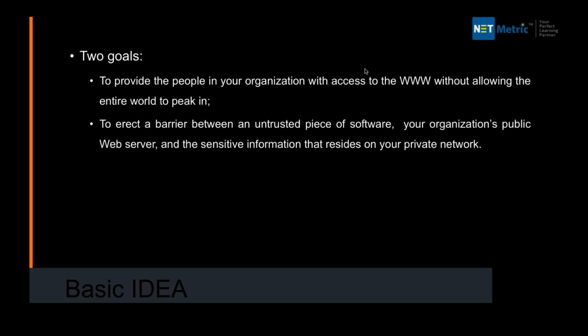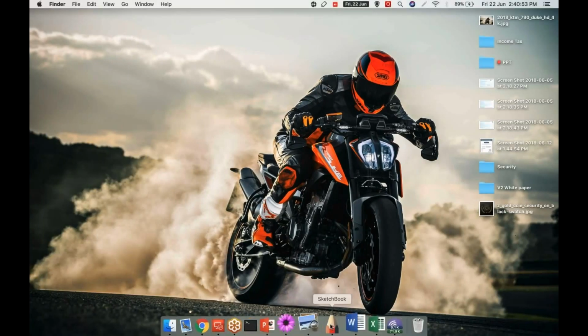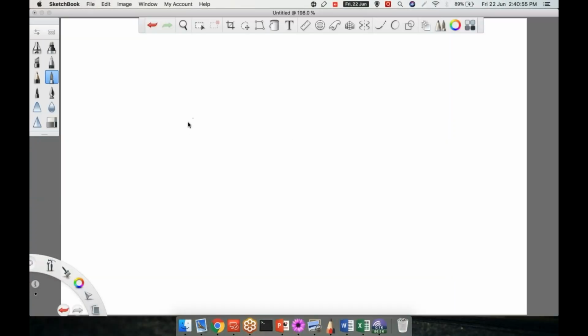Now to explain this particular point, let me start with a slide. Let's say, for example, what is an application? An application can be software which provides services to the user clients.